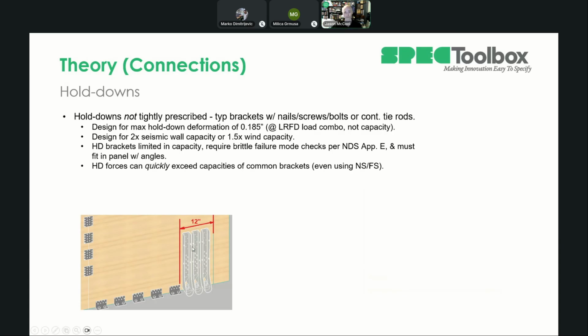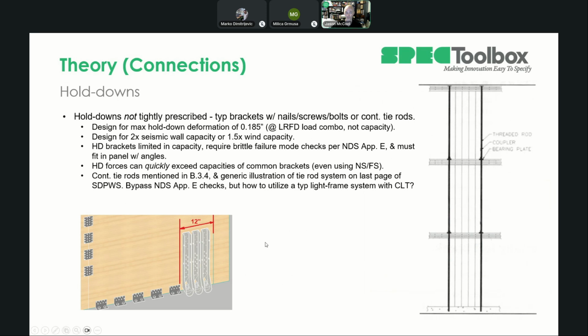So really, your hold downs, you're limited to basically a 12-inch area there. And even if you're putting those near and far side, you can still quickly exceed the capacity of those typical common brackets, like these HDUE ones from Simpson I'm showing here. They're pretty high capacity, but even if I put 3 on each side, 6 of those is not going to do a 200 kip hold down load.